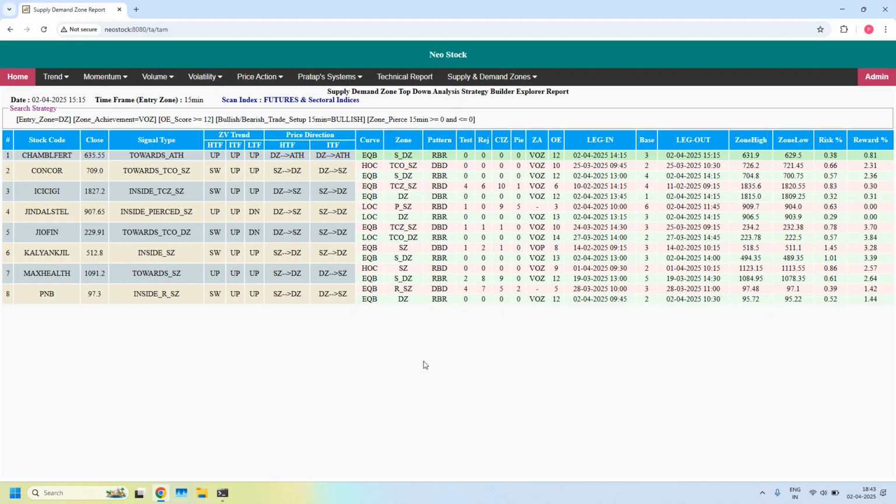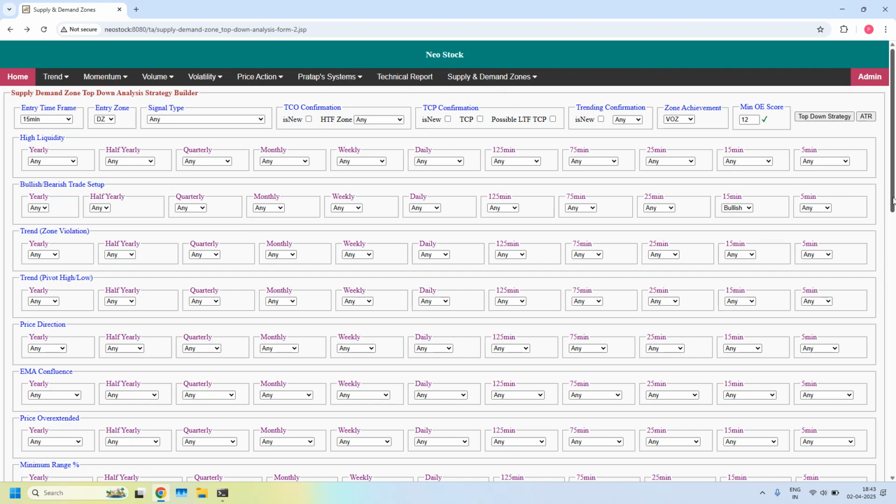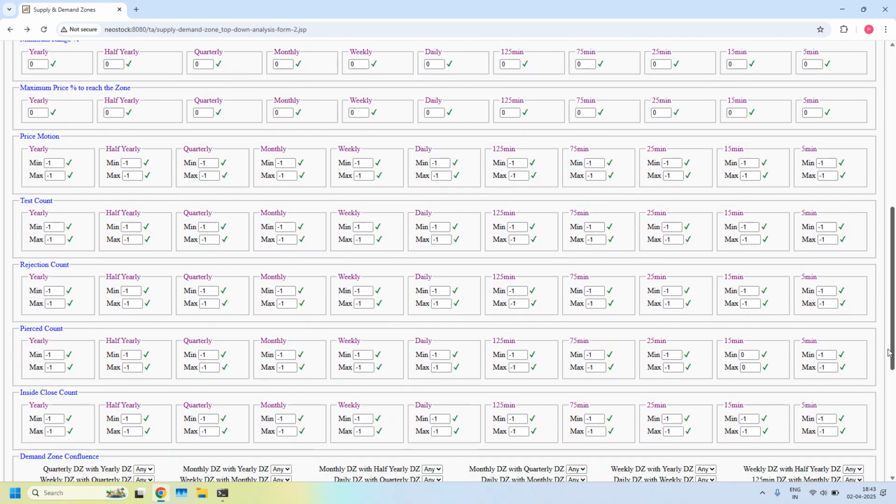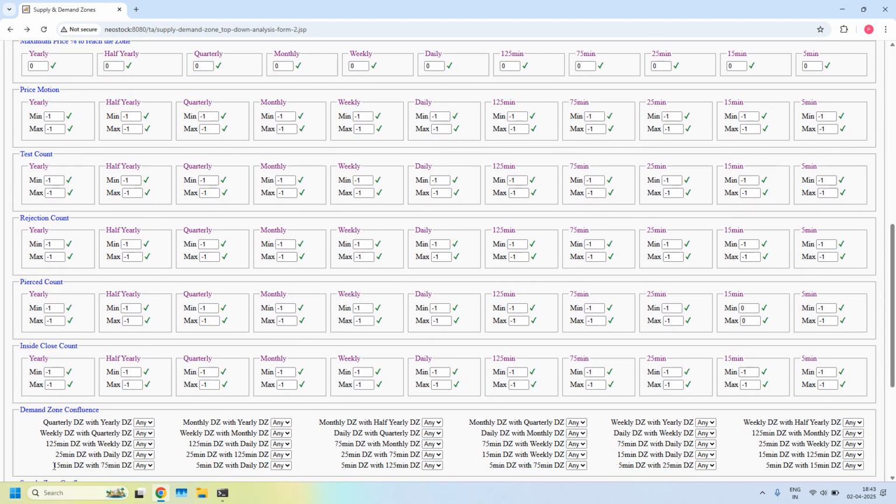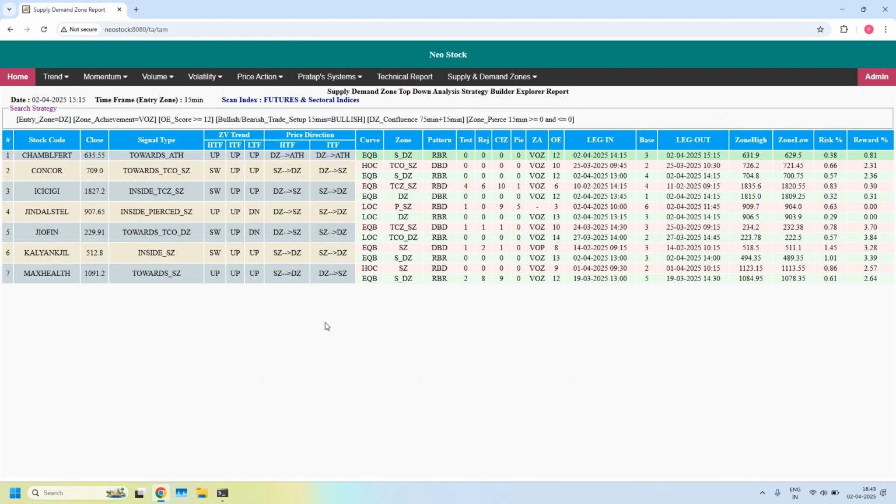First filter is LTF, ITF demand zone confluence. That is 15-minute and 75-minute demand zone confluence. So let's add that filter. In the demand zone confluence, I am enabling the filter 15-minute demand zone with 75-minute demand zone confluence. With this filter, we got 7 stocks.